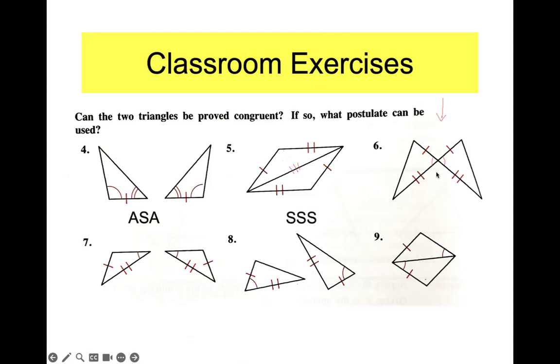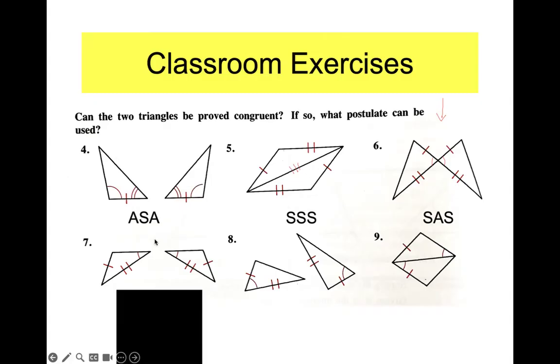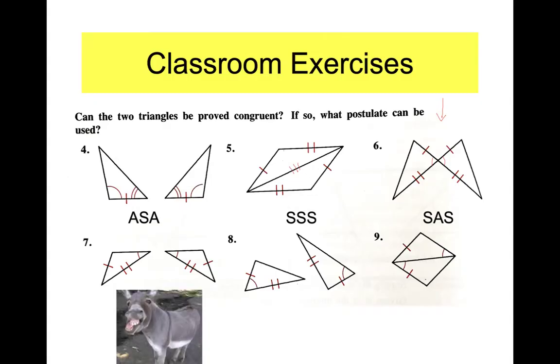With the vertical angles on number six, that's an SAS. And now be careful, I am looking at both triangles. I'm not just looking at one of them. On number seven, oh crud, that's an ASS, right? So not congruent. Number eight is the one that typically gets people. If you look at the triangle on the left, that is clearly an SAS, and you will just want to write SAS immediately.